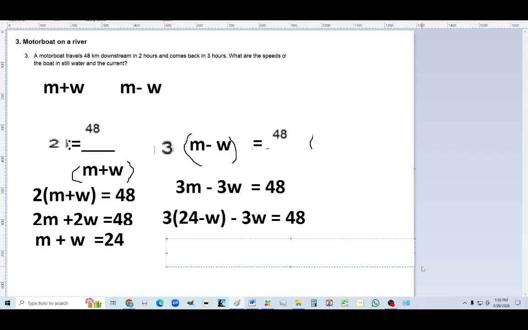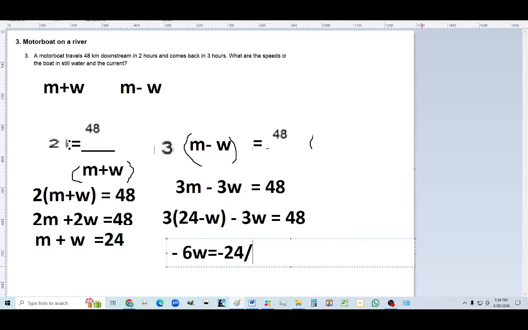Okay, 3 times 24 is 72, minus 3w, minus 3w is equal to 48. Minus 3w minus 3w is minus 6w, not 0. You subtract 72 from both sides. 48 minus 72 is minus 24.